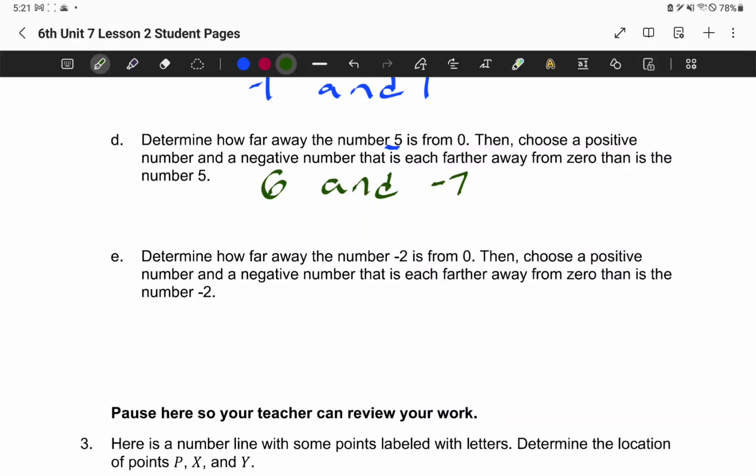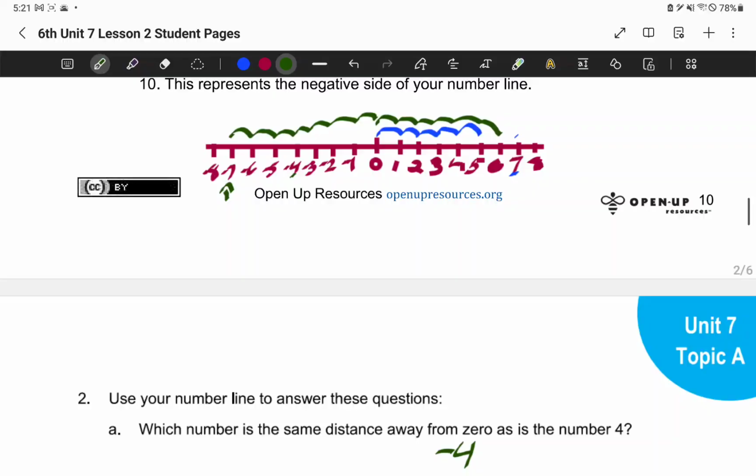Determine how far away the number -2 is from 0. Then choose a positive number and a negative number that is each farther away from 0 than is the number -2. Okay, so same idea.